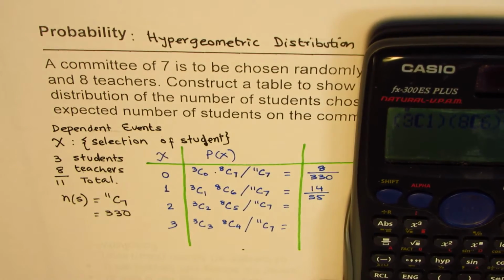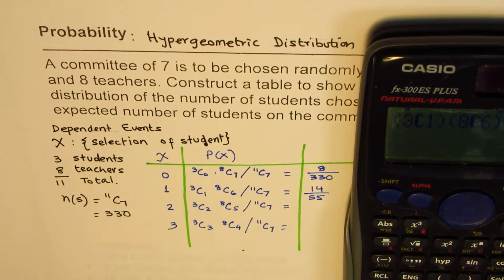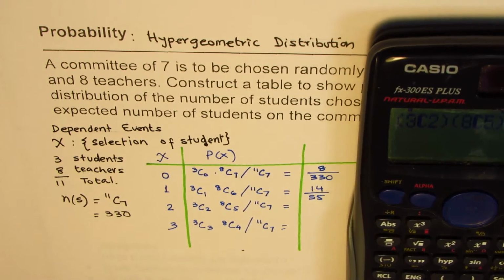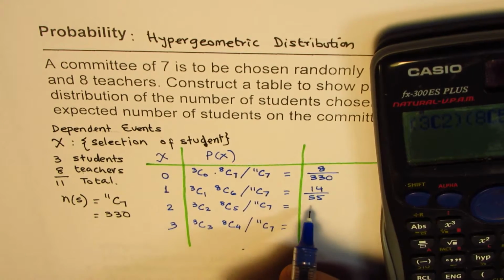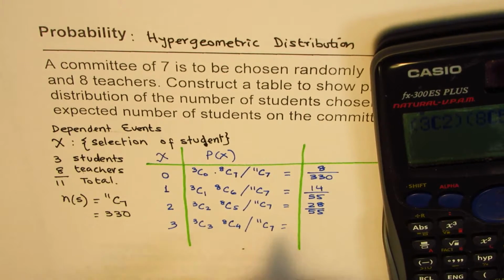And then we have 3C2. So we have 3C2 now, and this value is 8C5, and that gives us 28 over 55. So this is twice this, 28 over 55.